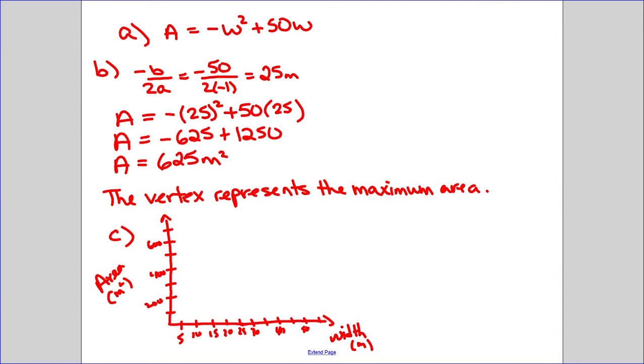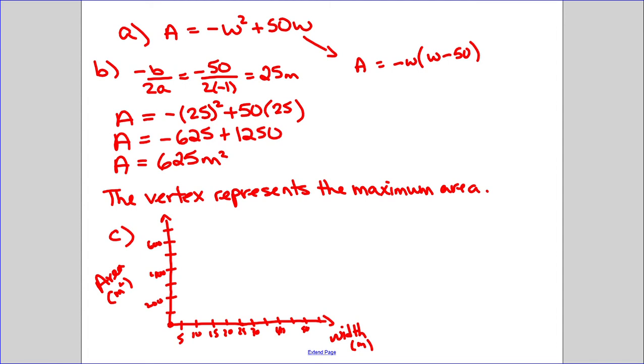I know that this thing is starting at 0, 0, but remember from my equation I can also see what my roots are going to be. I could factor out that W, how I started originally. So if I factor out the W, I get W times negative W plus 50, or W minus 50.